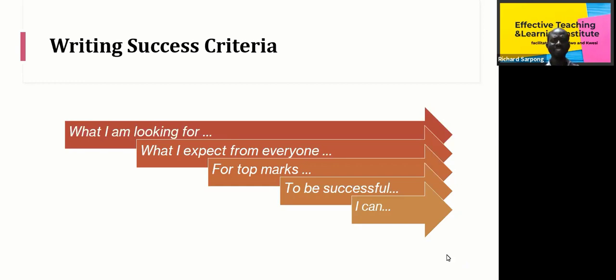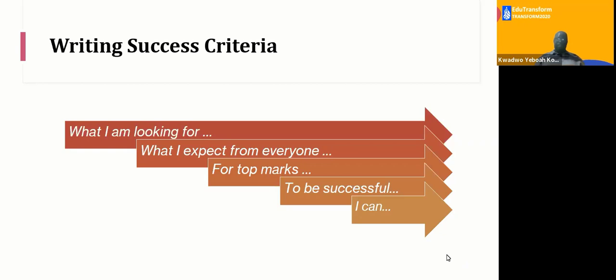So these are ways of expressing the success criteria. And as I said, we'll look at specific examples of the learning intention and the success criteria, and how you can actually write them using examples from the known curriculums that we have.